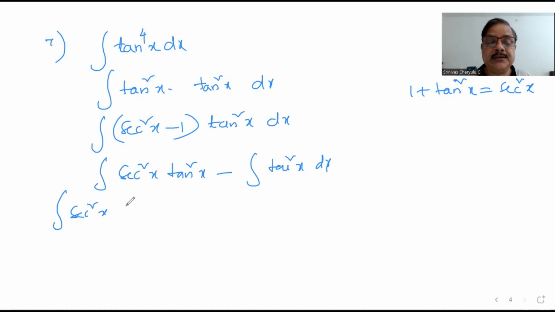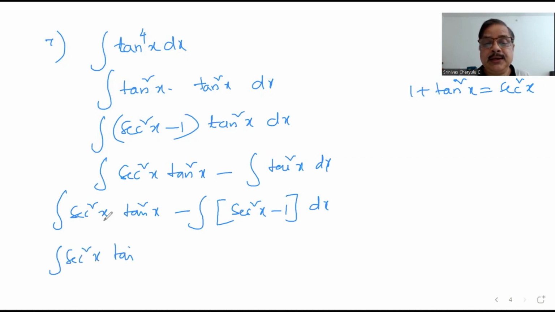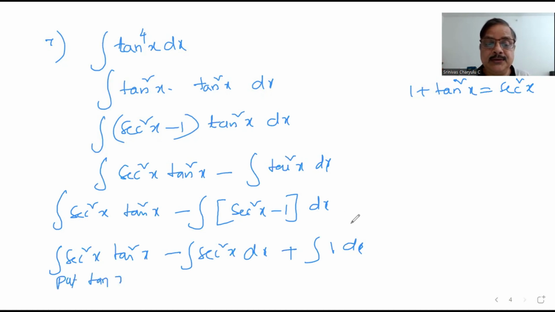So here, secant squared x tan square x integral. This one you write again as secant squared x minus 1. So here we are repeating the sum again: tan square x minus integral secant squared x dx plus integral 1 dx. Minus into minus is plus, I distributed the integration part inside. So here in this first one, put tan x is equal to t.